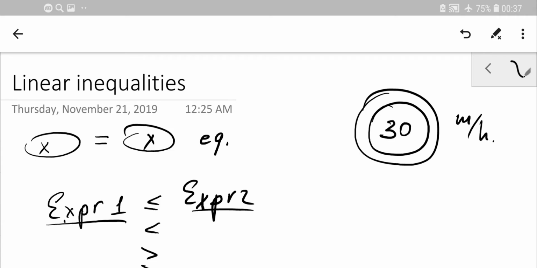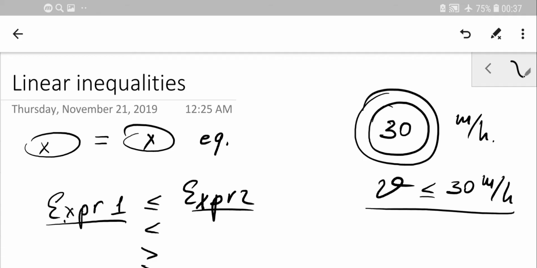What it tells you is that your speed, in this case variable v, velocity or speed, is not supposed to exceed 30 miles per hour. That's simply a simple inequality. We have a variable here, and we have a limit that your variable is not supposed to exceed. So that's a typical application in real life.